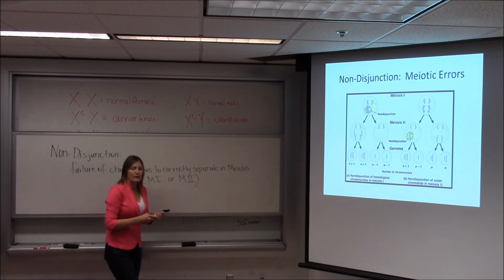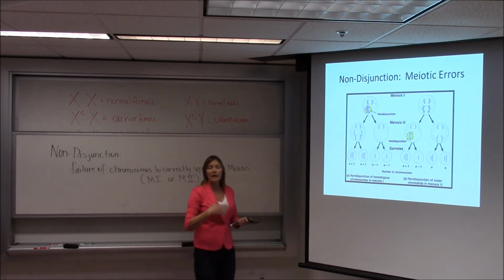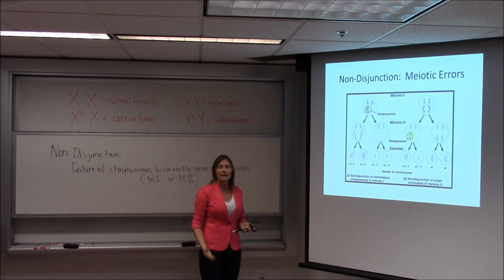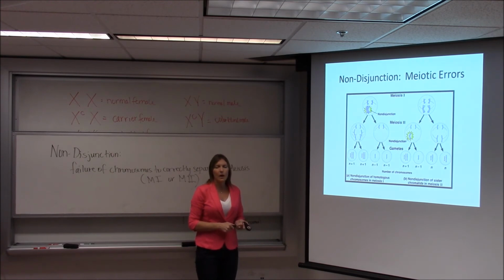We do know that there's a correlation between female age and the incidence of non-disjunction. Why? Well, that's because when females are born, all of their egg cells are already present in the ovaries and have reached prophase 1 of meiosis.